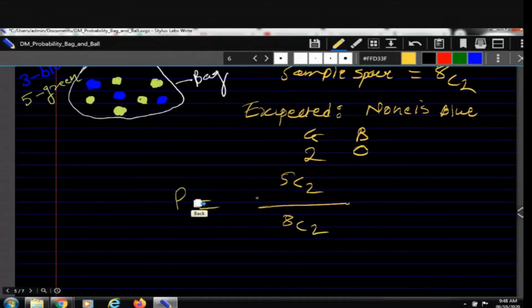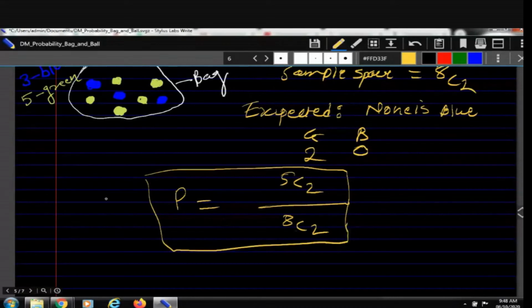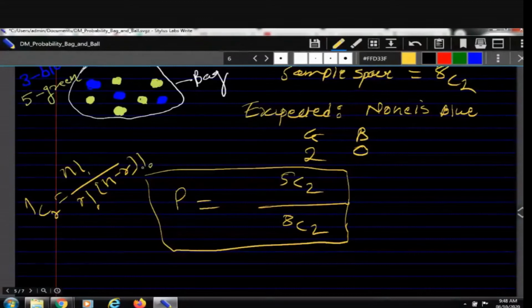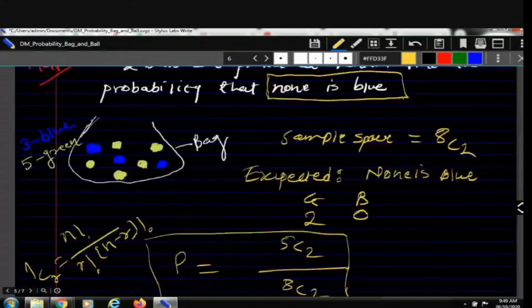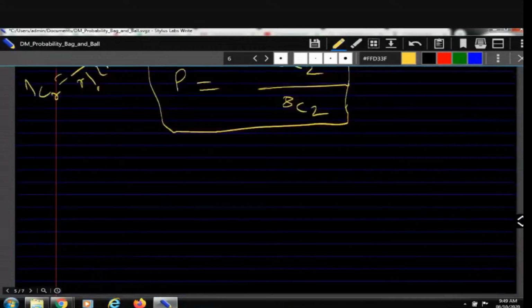So this is your probability. Calculate this combination by using the formula nCr equals n factorial divided by r factorial into (n minus r) factorial. Am I right? Okay, so this is the type 5 problem.